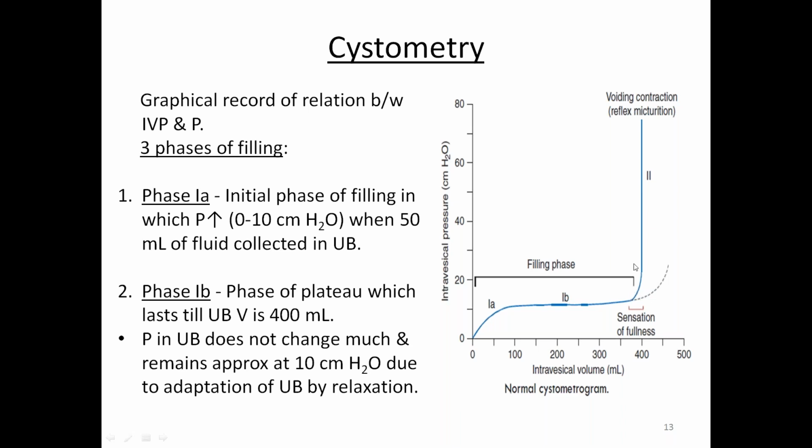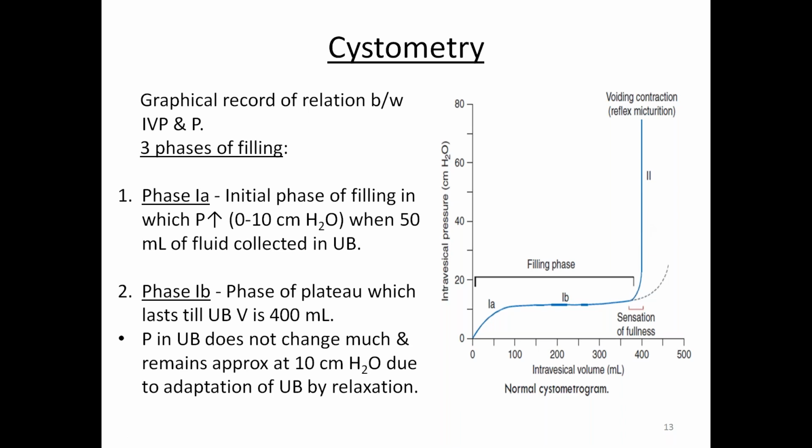And this acute rise triggers the micturition reflex. Normally the voiding contraction raises the intravesicular pressure to just about 20 to 40 centimeters of water. So normally around 20 to 40 centimeters is the normal voiding contraction.